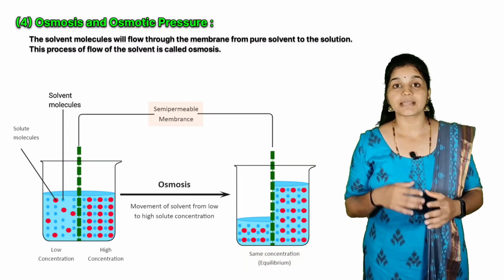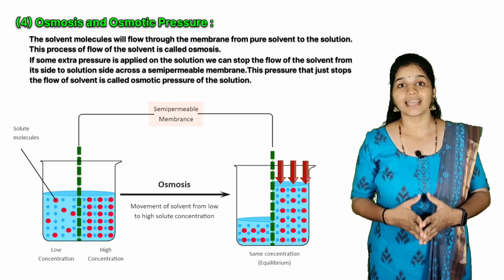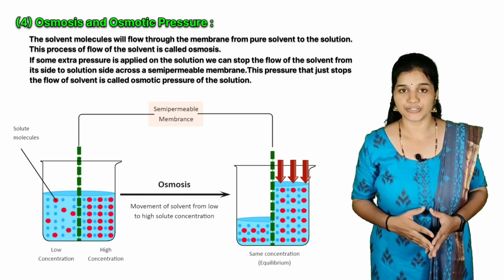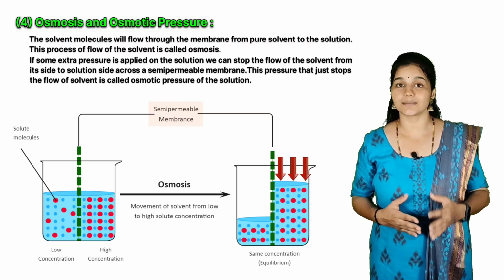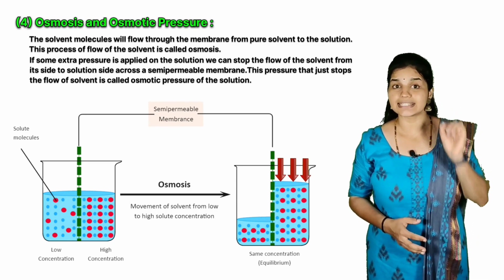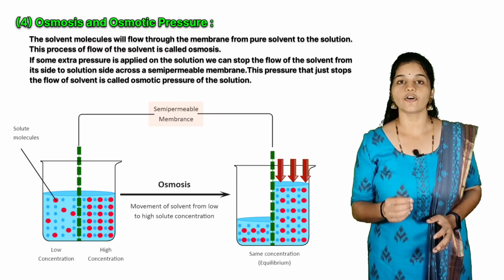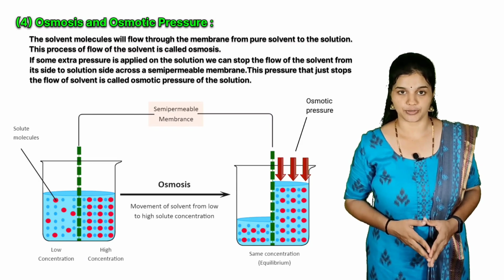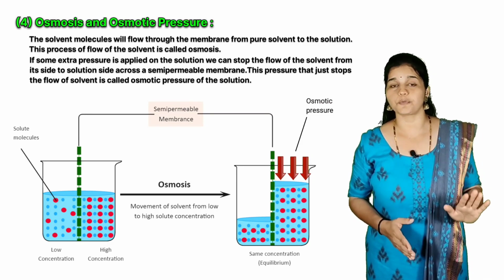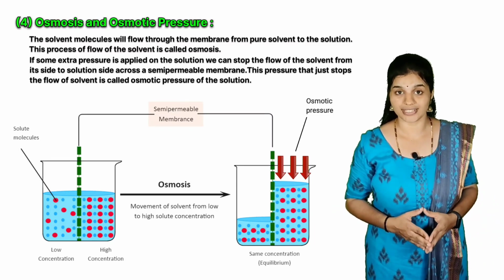Now, if some extra pressure is applied on the solution, we can stop the flow of the solvent from its side to the solution side across the semi-permeable membrane. This pressure that just stops the flow of solvent is called the osmotic pressure of the solution. So, it is the pressure that just stops the flow of solvent from the pure solvent to the solution side.